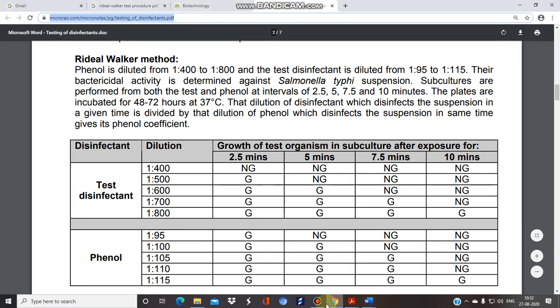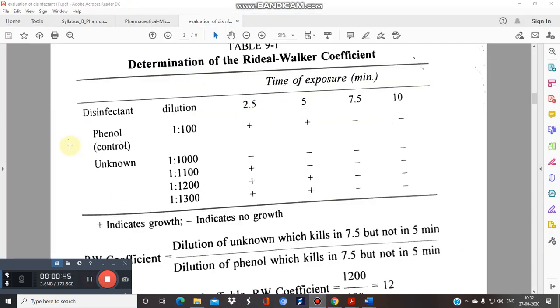So let's see again. For the Riedel-Walker coefficient, we have different times of exposure: 2.5 minutes, 5 minutes, 7.5 and 10 minutes. First of all, we will take a microorganism, culture it and prepare a suspension. The disinfectant that we use as a standard is phenol.